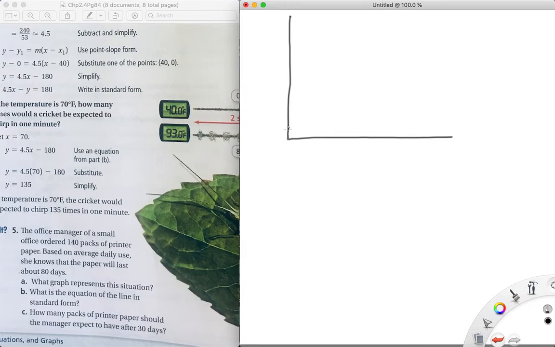So we can go by tens. 10, 20, 30, 40, 50, 60, 70, 80, 90, 100, 120, 140.